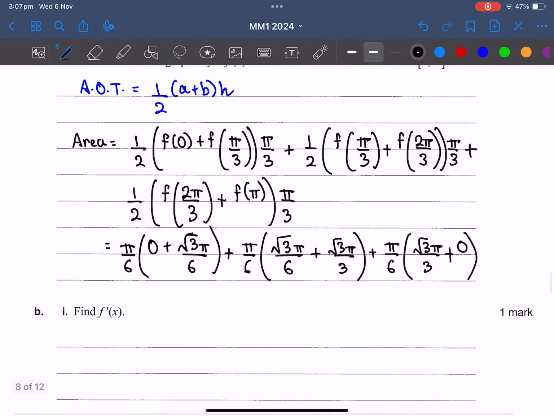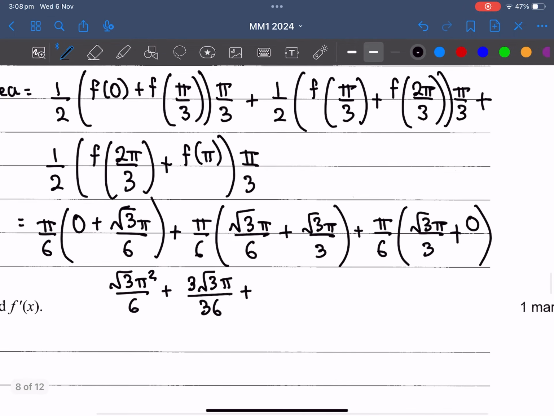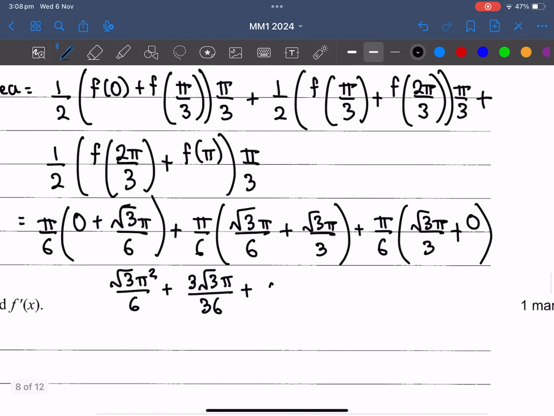Coolio. Okay. So we get root 3 pi squared on 6 times 6, so 36, plus root 3 pi squared on 18.